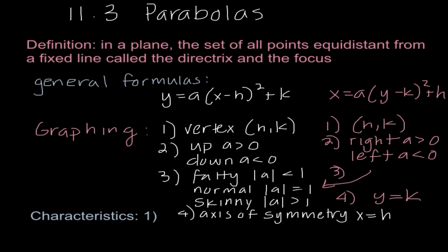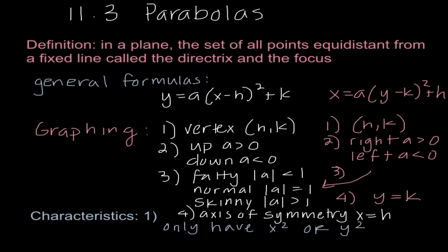Our characteristics, and I'm going to squish this down at the end: we only have x squared or y squared. That's how I can tell a parabola from our other types of conic sections. In my opinion, a parabola is the easiest one to differentiate because only one variable is squared. Every other conic section has both variables squared.